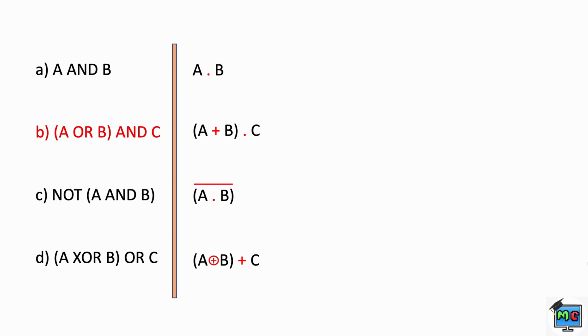Okay, do the next one. B, we have to do the brackets first. So we have to draw A or B, A and B going through an OR gate. So let's draw that first. What do we have to draw next?